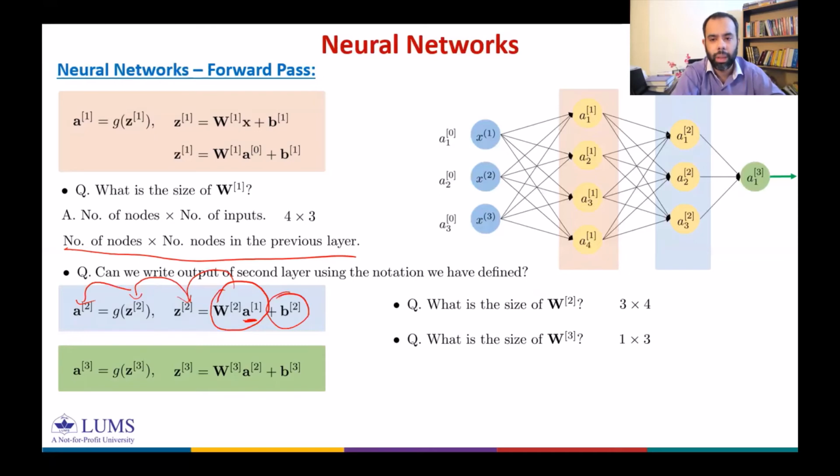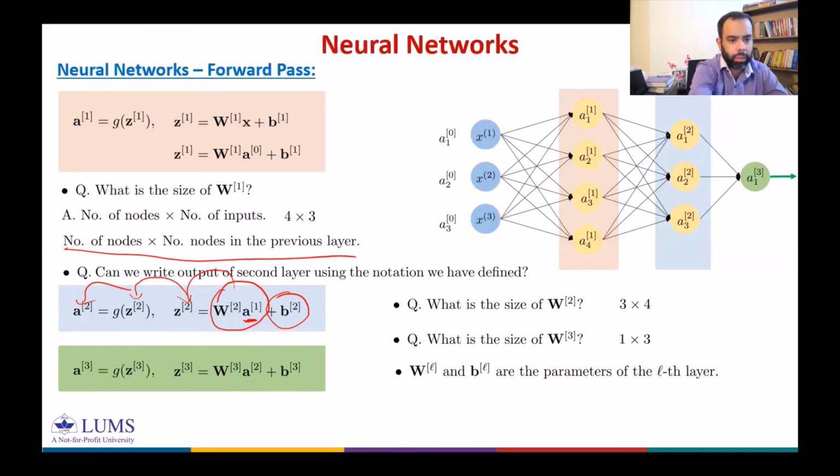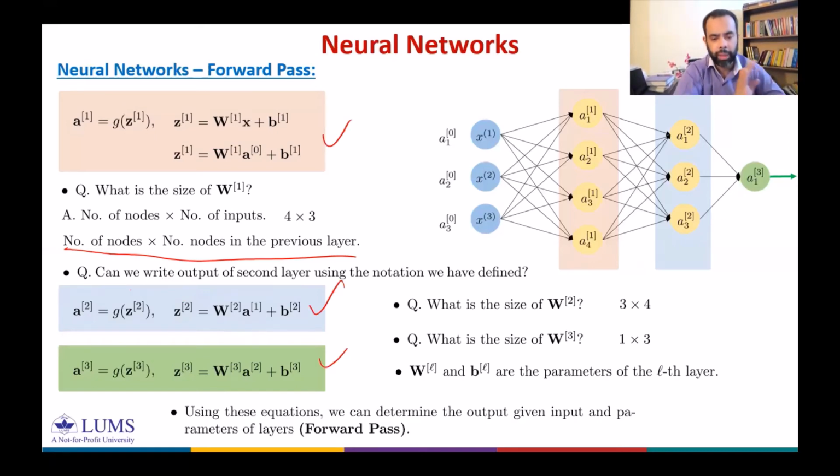Right? And finally, we note that WL and BL contain the parameters of the Lth layer. So using these equations, we can determine the output given input and parameters of the layers.